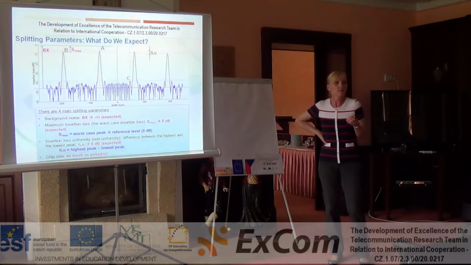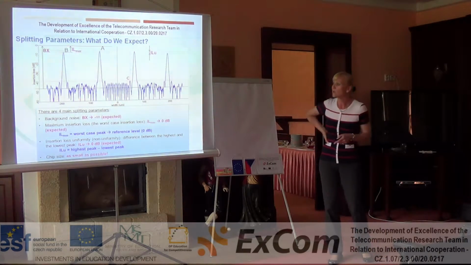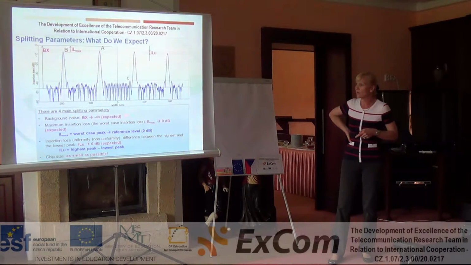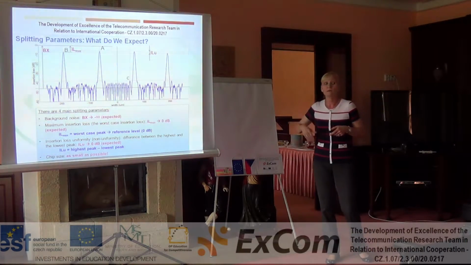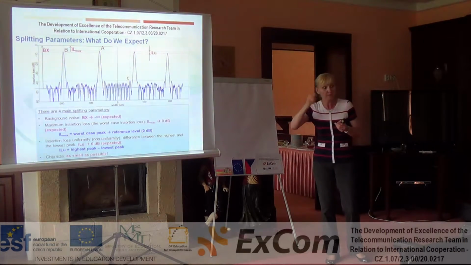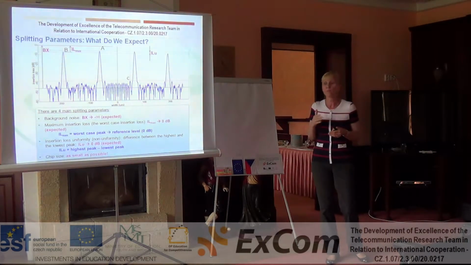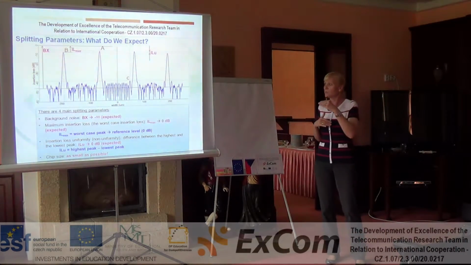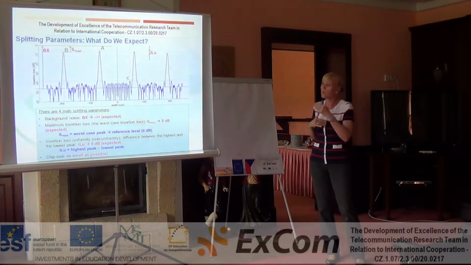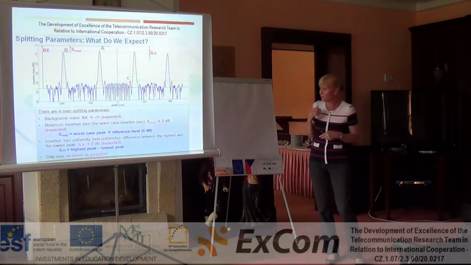When we design optical splitters, what do we expect and what would we like to reach? First of all, we want a very low background noise. It means a very high value of Bx. People sometimes mix this up. Very good isolation means very low background noise, so it must have a very high value of this parameter.